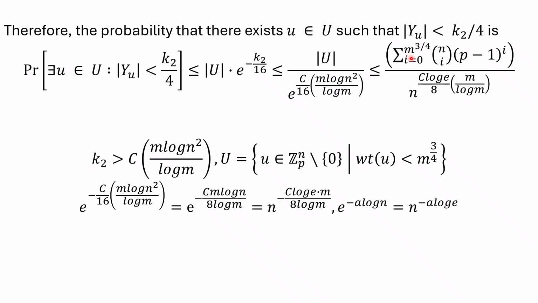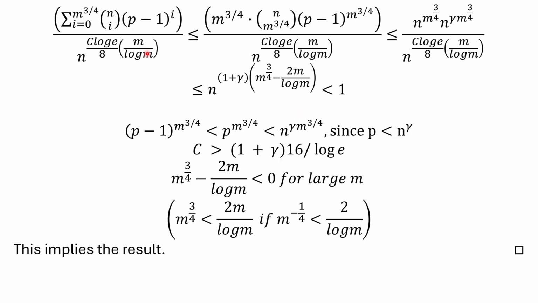We go over the sum from 0 to m to the power of 3 quarters, because we said that the weight is less than m to the power of three quarters. We choose i entries. For each entry, we have p possibilities, or p minus 1 to be exact, because we can't choose a 0 entry. We now explain why this is true.